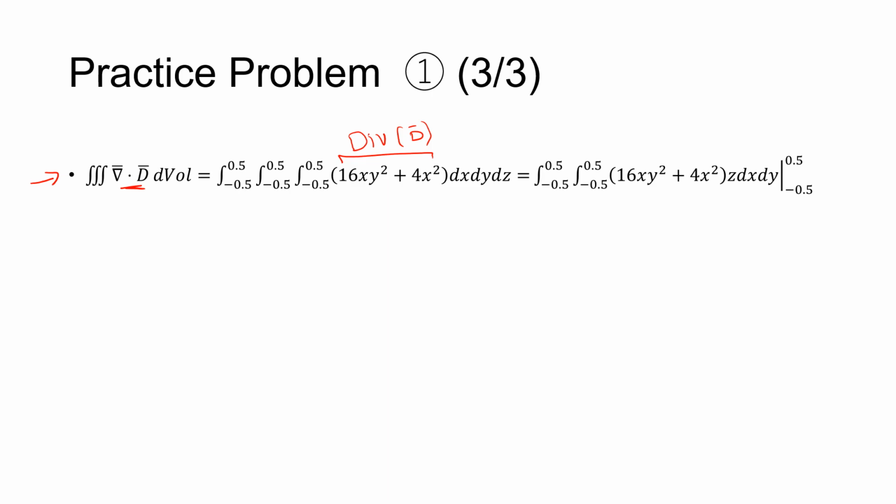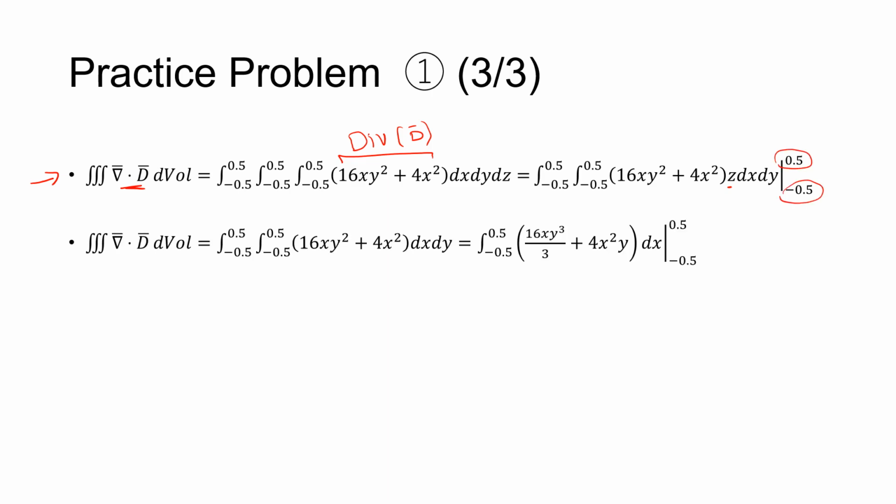Once we integrate in terms of z, you will be left with just z. Then the limits are from minus half to half. Do this, and you will get just 1, because half minus minus half simply results in 1. Now we do the integration again, 1 in terms of y.